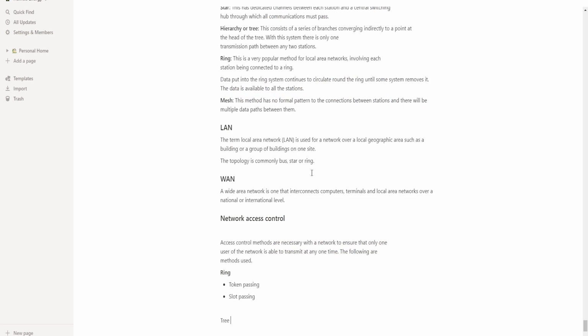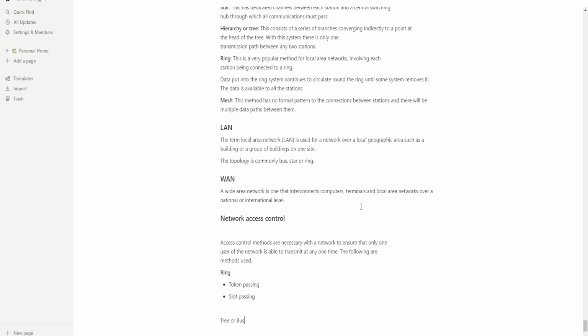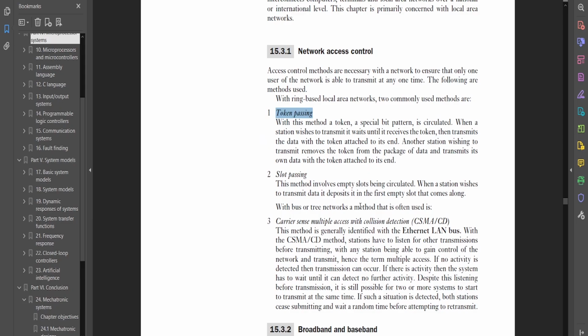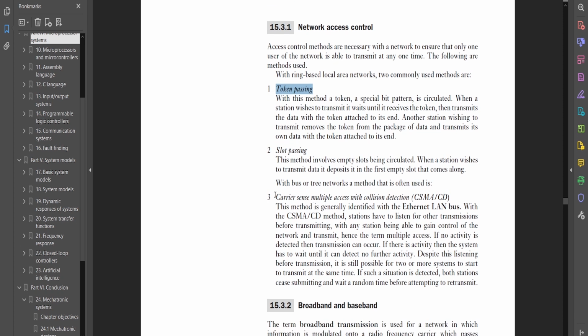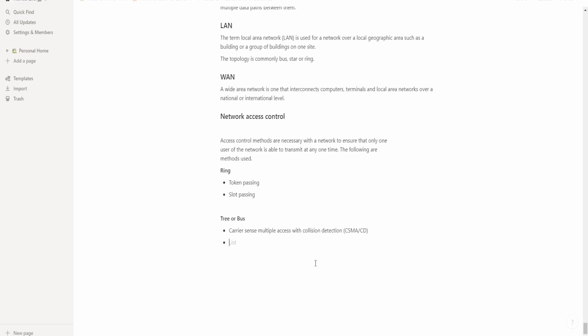Then tree or bus, they use carrier sense multiple access with collision detection. And it's generally used with Ethernet. Done.